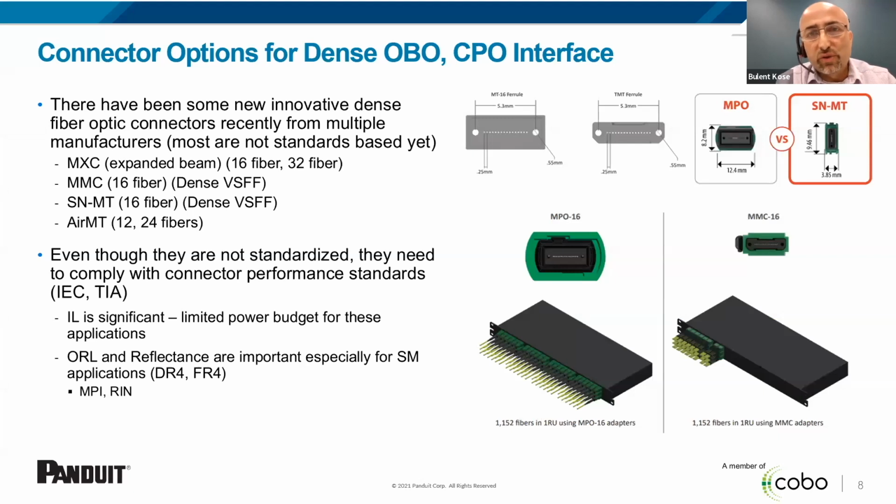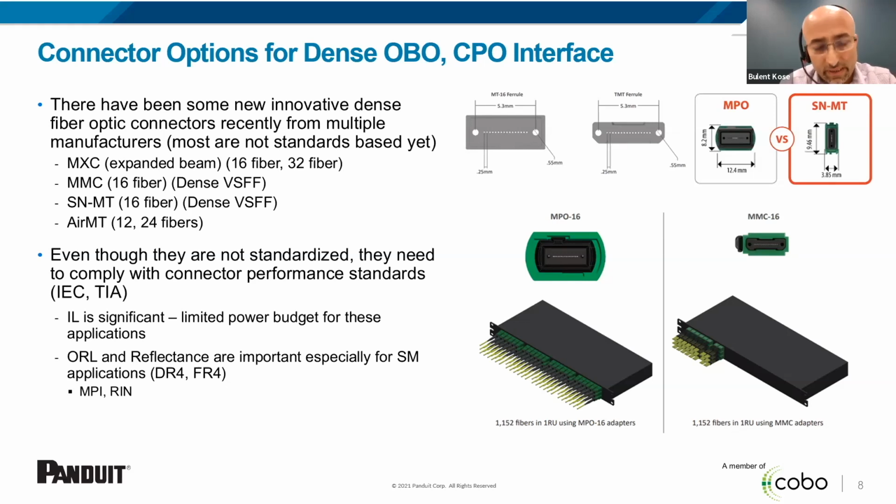So now let's go to these connectors, the high density connectors that we have right now that we could use. There have been some new innovative dense fiber optic connectors recently from multiple manufacturers. Most are not standard based yet. Some of them I list here: MXC, that's expanded beam; MMC, that's from US Conec; SN-MT, that's another very, very small form factor connector.